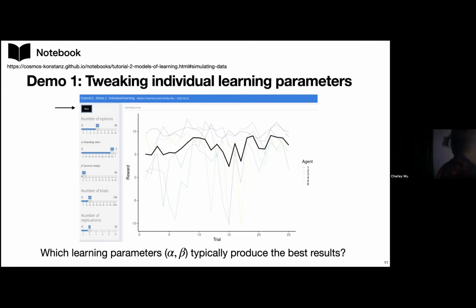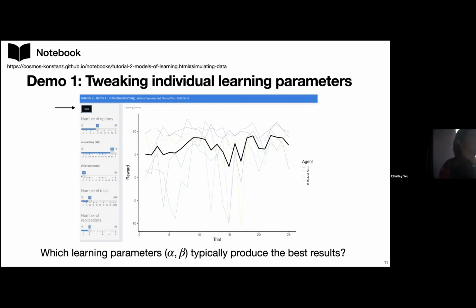You can control parameters such as the learning rate value or inverse temperature value, as well as how many trials you want to observe, or the number of options. I've only talked about the 2-armed bandit in that potato wheat example, but you can of course increase the number of options.